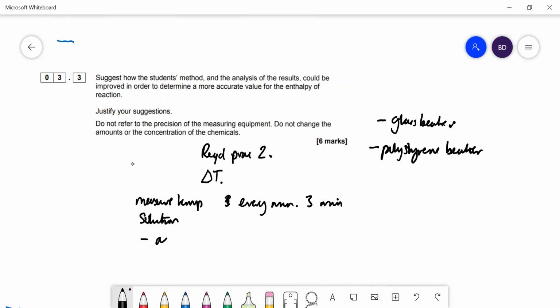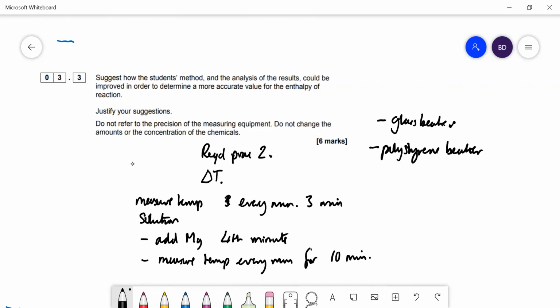Add the magnesium, say at the 4th minute. You can't measure the temperature then because you're adding the magnesium, and then measure the temperature every minute for say 10 minutes.